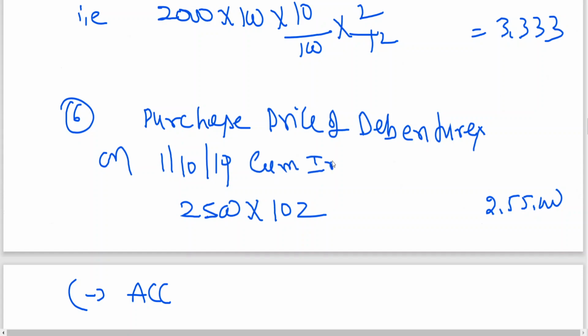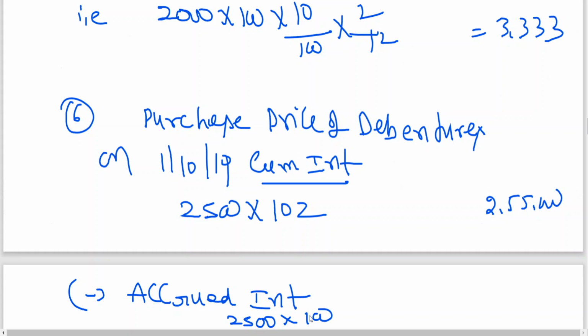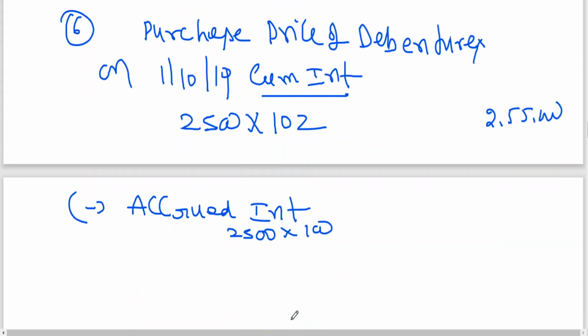Because which debentures are purchased? Cum-interest. Accrued interest is equal to 2,500 into 100, because interest is always calculated on face value. And what was the date of last payment? 30th June. So you have to calculate interest up to 1st October.